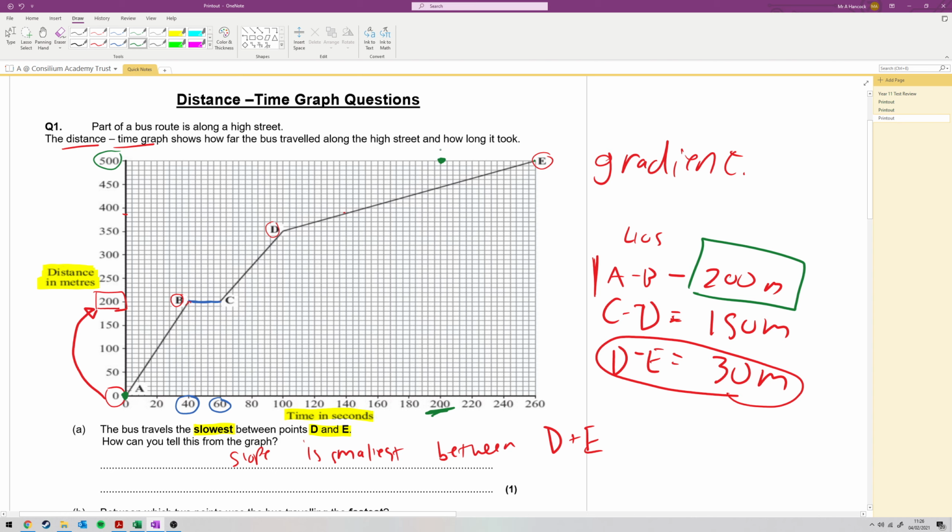So now what we have to do is draw a straight line between those two green dots that we just made there. Unfortunately, it doesn't really want to do it there. We'll do it like that, that'll do. Okay, so I've drawn my green line between 0 and the finish at 200 seconds.